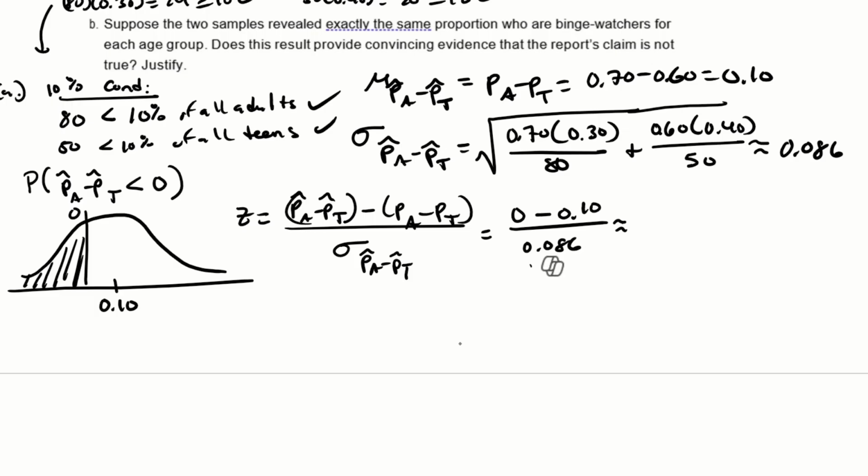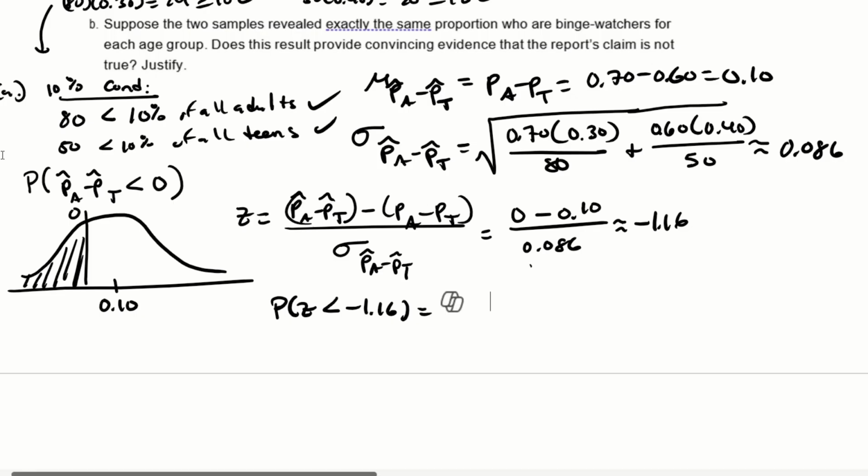So then the probability that Z is less than negative 1.16 is, here, let me lasso that. I'll move it out of the way. Okay, so let's look it up. Negative 1.16 for the negatives here.